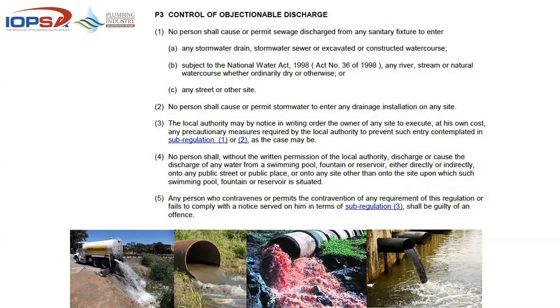The requirement is very clear in 10252 that with approval, you will discharge over or into your drain, and normally over a gully. Once again, any person who contravenes or permits the contravention of any of the requirements in this sub-regulation shall have a notice served, and he will be guilty of an offence.